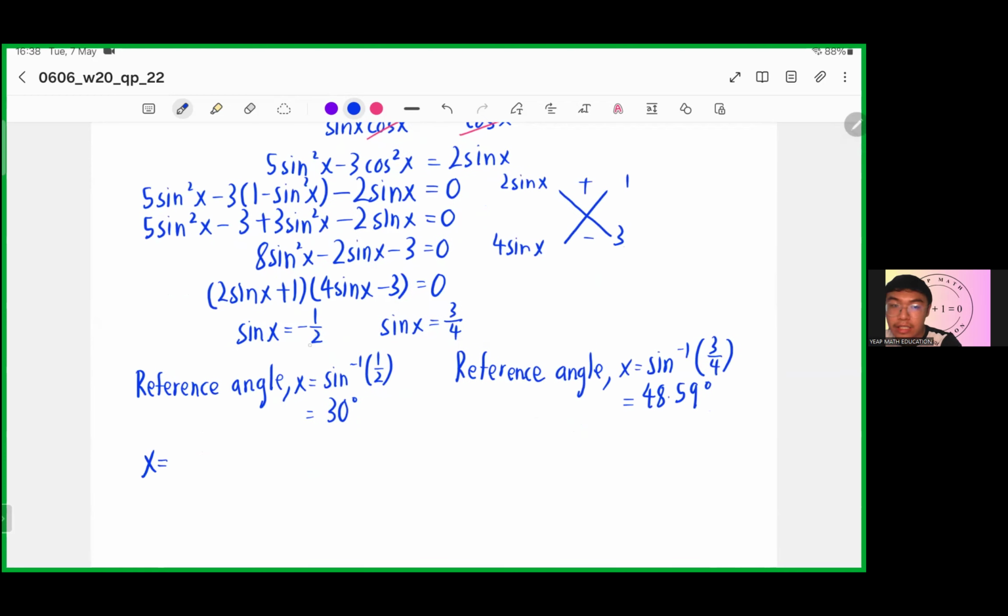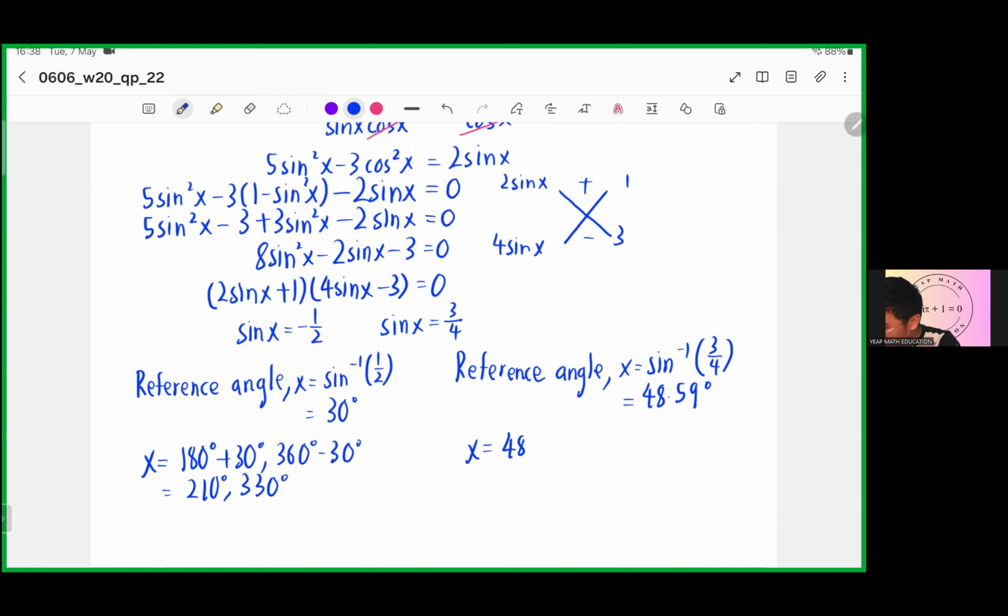Now I find x first. This is negative, right? So we don't take the first and second quadrants, we take the third and fourth quadrants. So 180 degrees plus 30, and 360 degrees minus 30. So I will get 210 and then 330. Now we look at this part. Because it is positive, we just find the first and second quadrants.